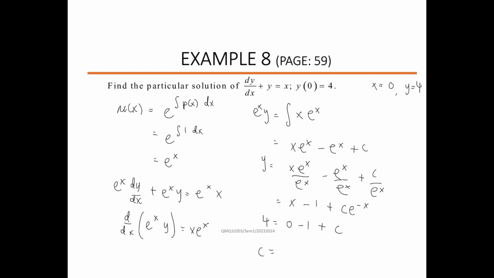So c equal to 4 plus 1, 5. Hence the particular solution is y equal to x minus 1 plus 5 e^(negative x). So that is the final answer.